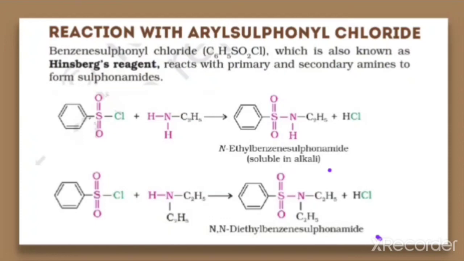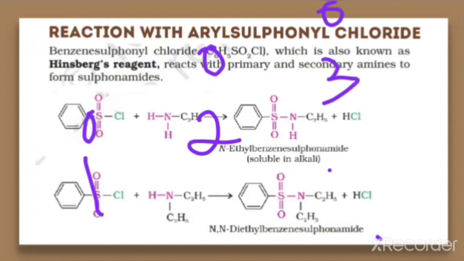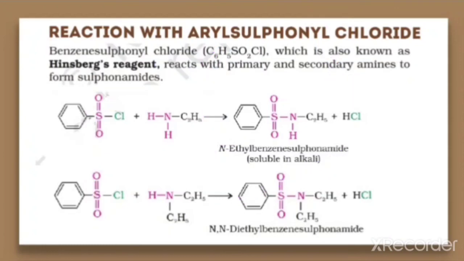Therefore, it is used to distinguish between primary, 2 degree and 3 degree amines. So it is one of the important distinguishing tests. This is all about the reagent called Hinsberg reagent and its reaction with the primary and secondary amine, which is quite a distinguishing test. So, this is all about this video. Have a nice day.